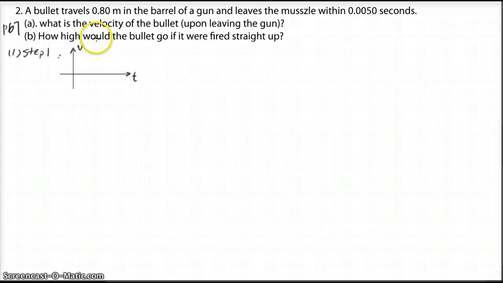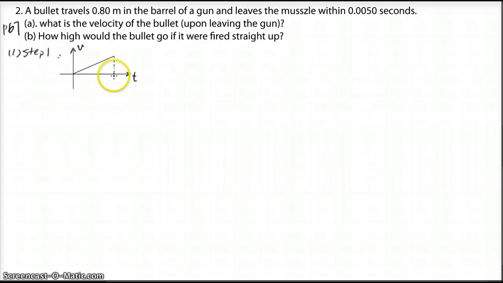So it is implied the bullet initially has a zero velocity. So initial velocity must be 0. And then it travels with constant acceleration over that much distance. So you should have this kind of graph.